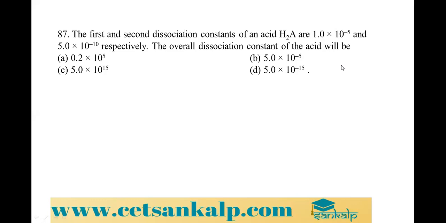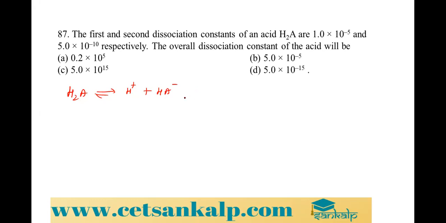So 87 question number, the first and second dissociation constant of an acid H2A are 1 into 10 to the power minus 5 and 5 into 10 to the power minus 10 respectively. The overall dissociation constant of the acid will be, ಅವರೇ ಕೊಟ್ಟಿದ್ದಾರೆ H2A ಅಂತ, that is going to release 1 H plus ion, so it becomes HA minus.